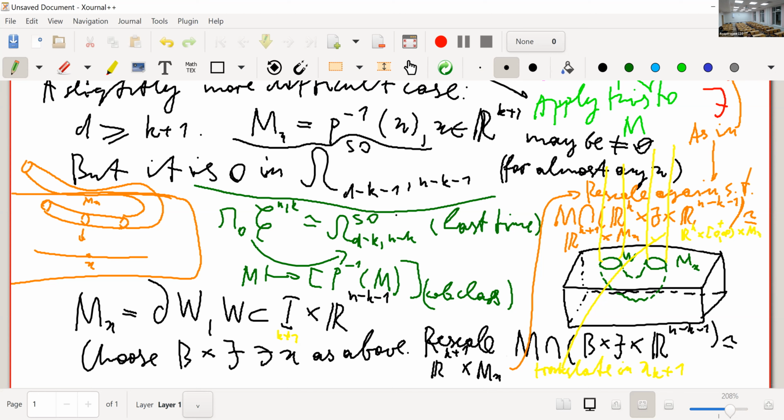We get something. If we push it all the way down to minus infinity, the limit is Mx cross R. And if we push it all the way to plus infinity, the limit is empty. This is how we connect Mx cross R with the empty set.